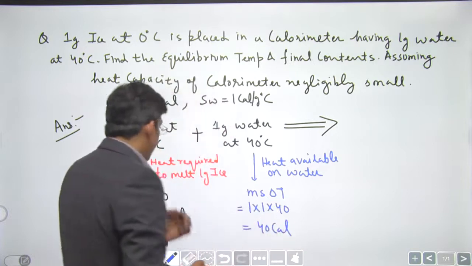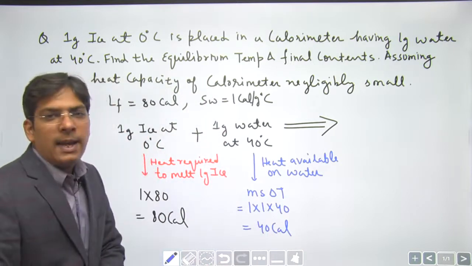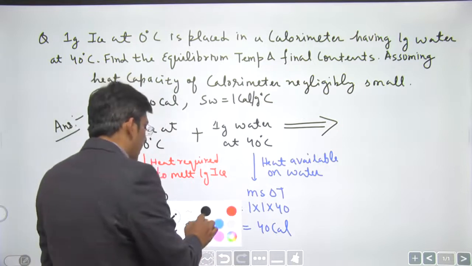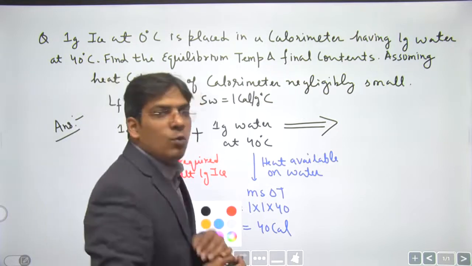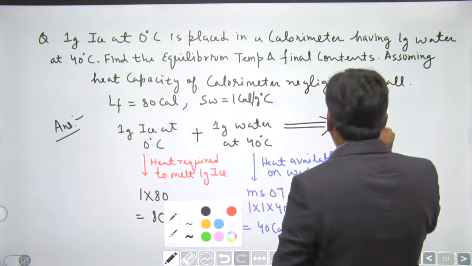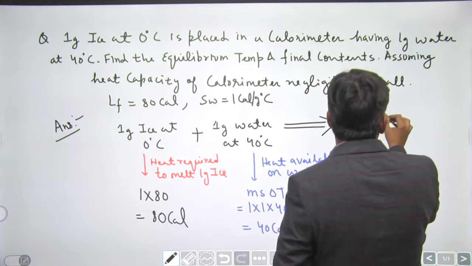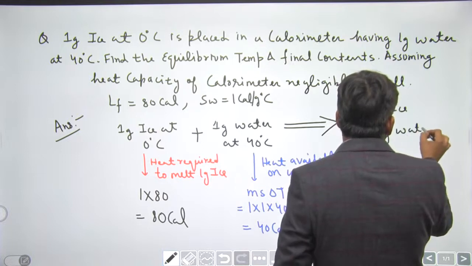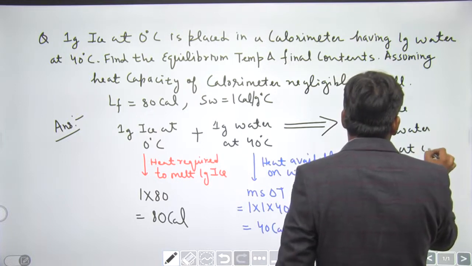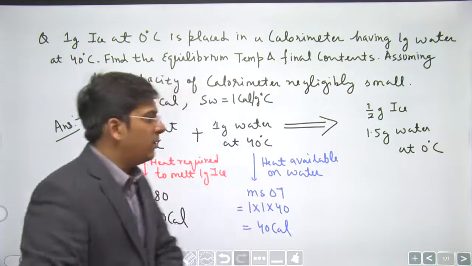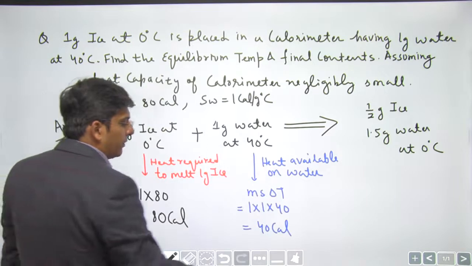To melt 1 gram ice you need 80 calories, but since you have only 40 calories, you won't be able to melt 1 gram ice. Rather, you will be able to melt half gram ice. So this half gram ice will melt into water, and you will have half gram ice and 1.5 gram water at 0 degrees Celsius. These are the final contents of the mixture. It was a very easy question, dear students. Kindly note down.